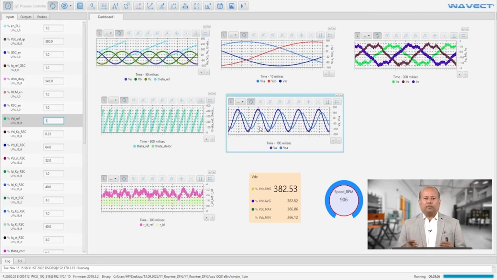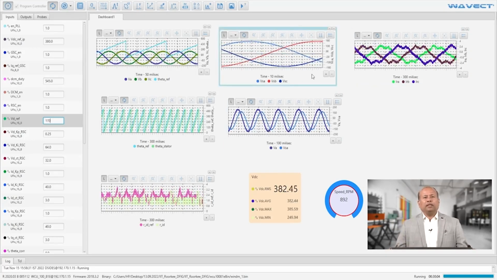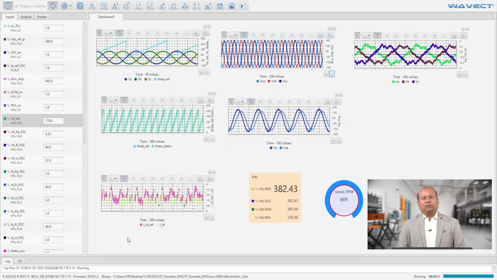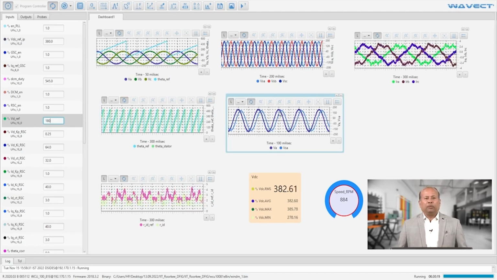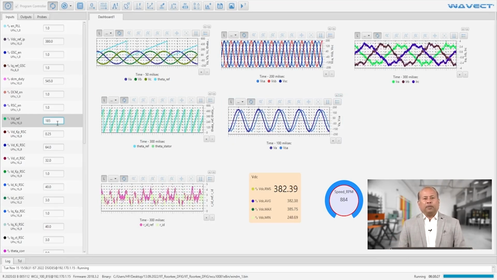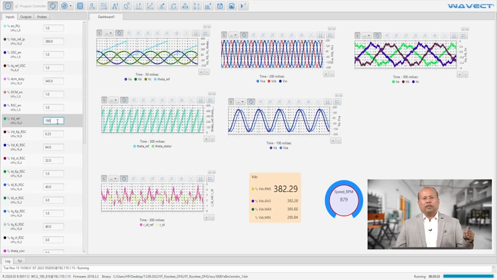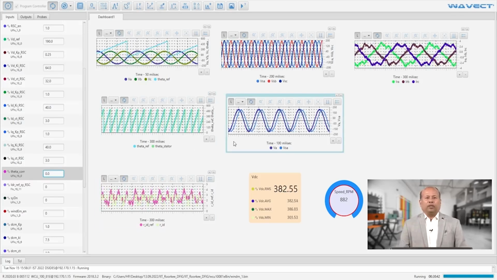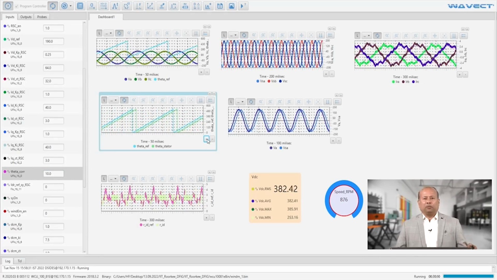Now, we will increase the reference value to match the stator voltage magnitude with the grid voltage using the D-axis control of the rotor. In this process, we also observe that the rotor current is increased as it takes current from the grid to build the stator voltage, as from the relation the stator power is 1 by slip times the rotor power.